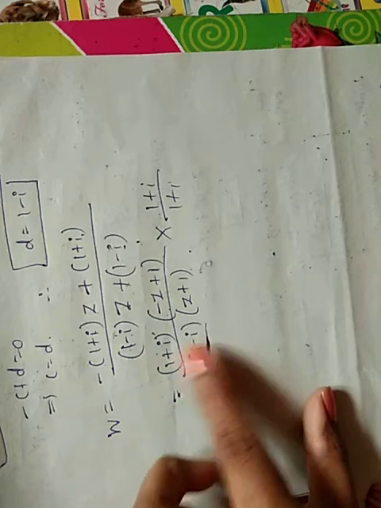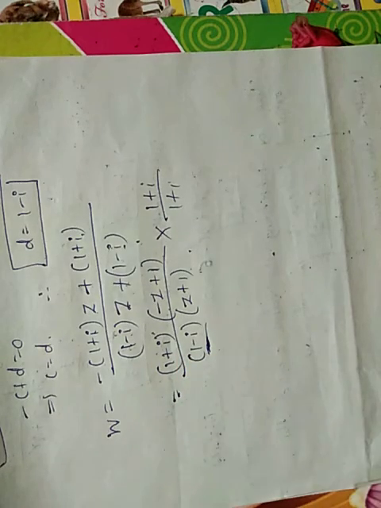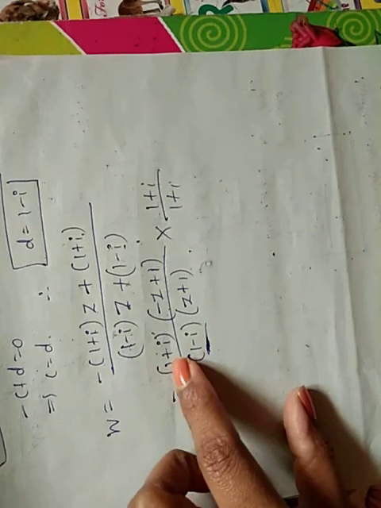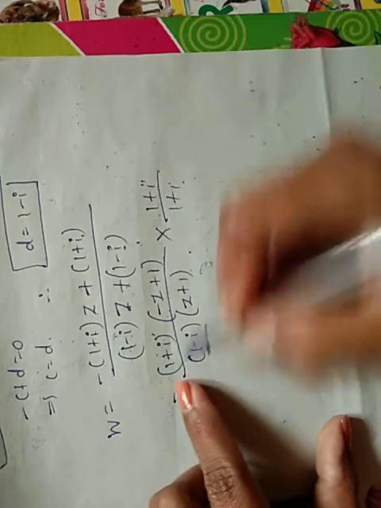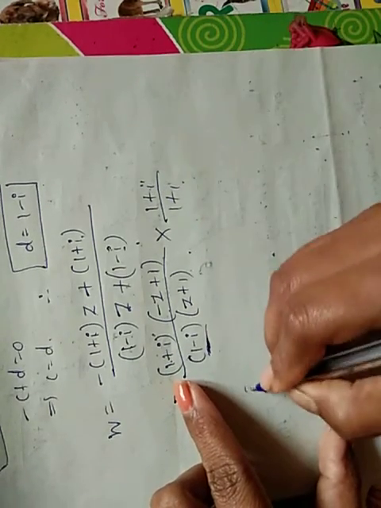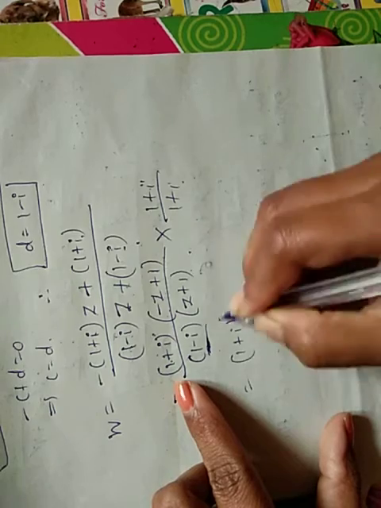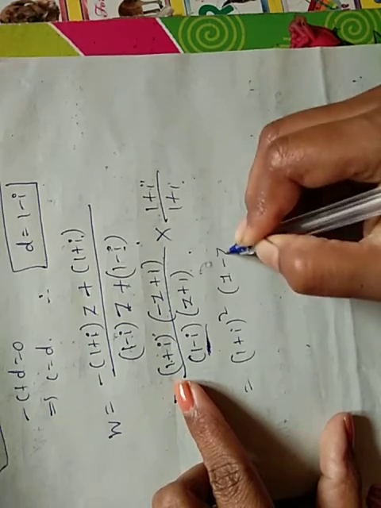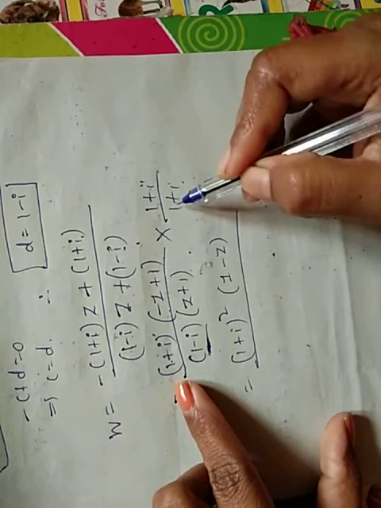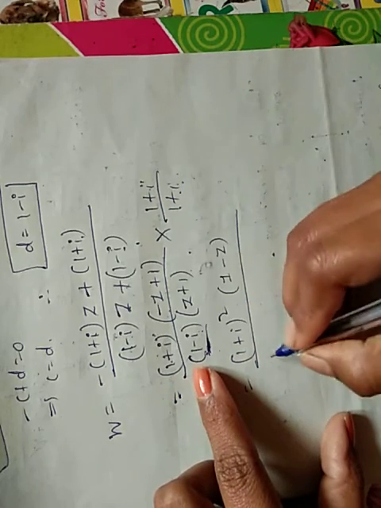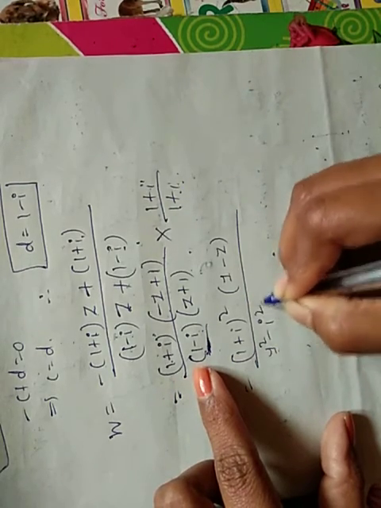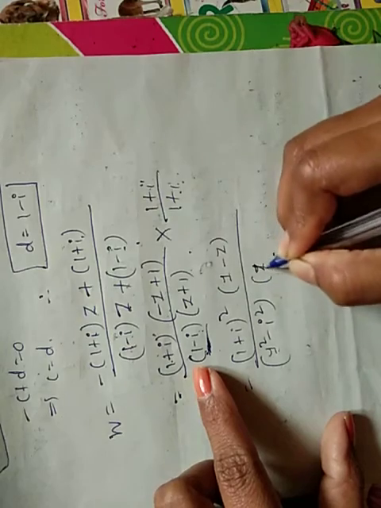So 1 plus i into 1 plus i is 1 plus i whole square into 1 minus z, divided by 1 plus i into 1 minus i, a minus b into a plus b equal to a square minus b square, into 1 plus z.